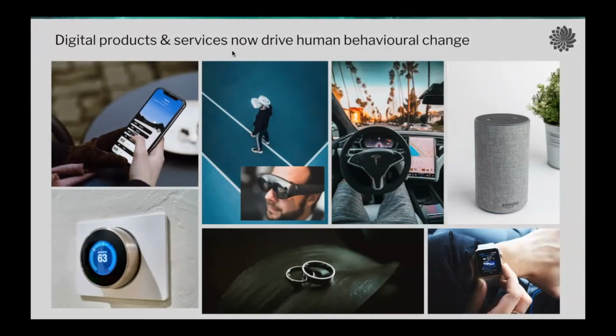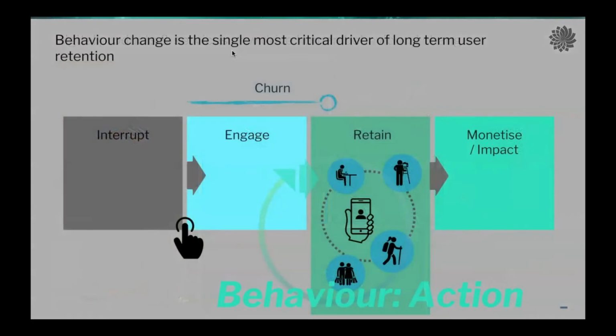So digital products and services, whether they are VR, in-car systems, in-house systems, wearable devices, virtual assistants, what have you, are now more and more fundamentally about driving human behavioral change. And if you look at the engagement path on a very high level, it's very easy to get interrupted by digital technology, and engagement actually is already quite hard.